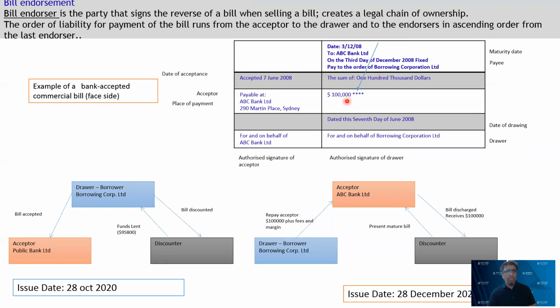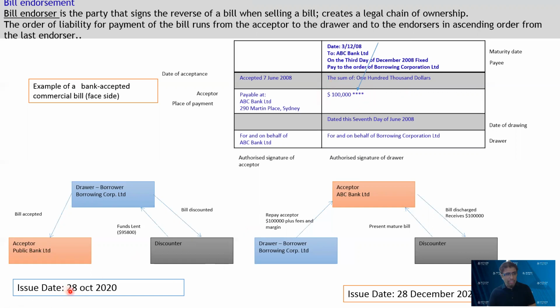Now, this bill is assuming it's for 100,000, and they will issue it to somebody else who is the investor. And in this context, we call it the discounter. Now, the discounter will take it now and pay 95,000. Hopefully, he will receive 100,000. He will receive the face value at the end of the contract.